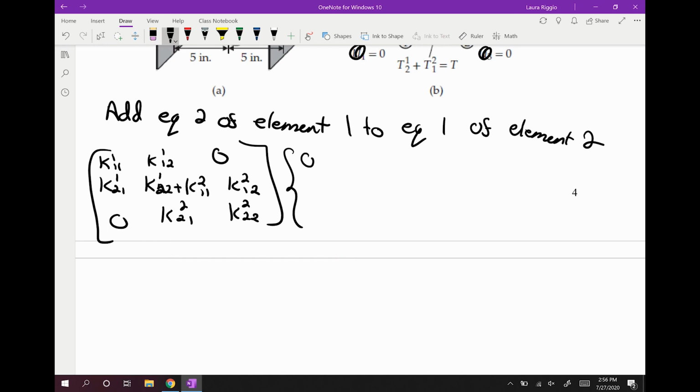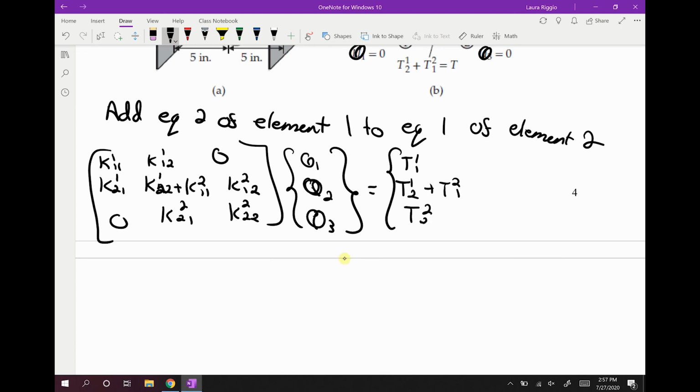This is going to be times theta 1, theta 2, theta 3, which is equal to T1(1), T2(1) plus T1(2), T2(2).